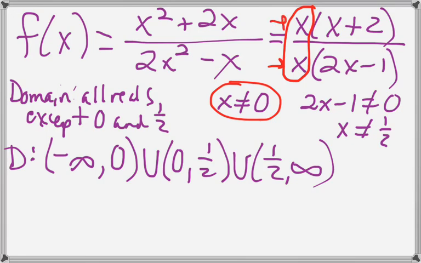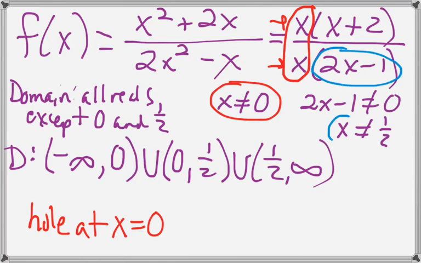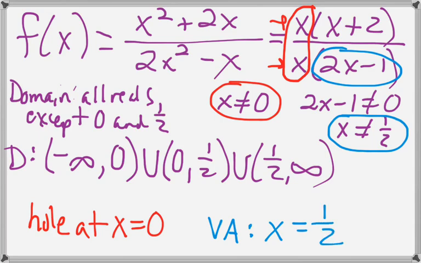If that's the case, then that gives a hole in the graph. So we have a hole at x equals 0. Now this factor is what led us to exclude 1/2 from the domain, and that factor is not in the numerator. We don't have a 2x minus 1 factor in the numerator. So that tells us that x equals 1/2 is a vertical asymptote.